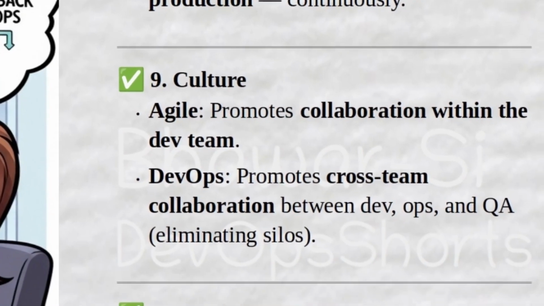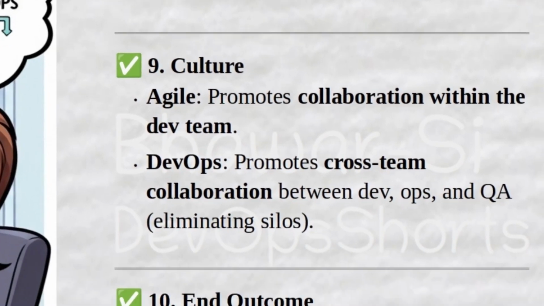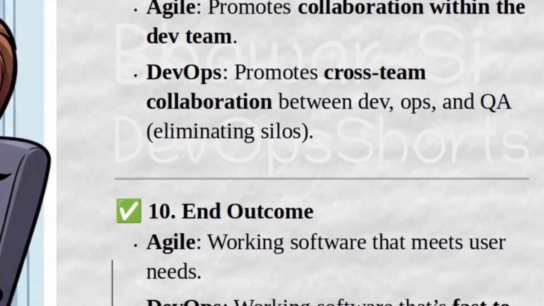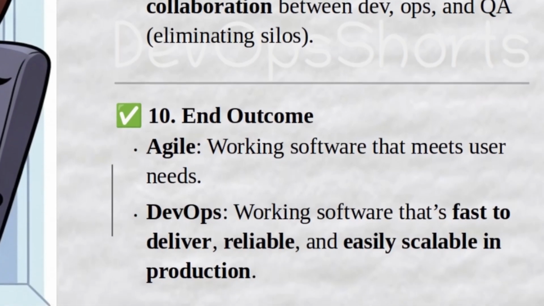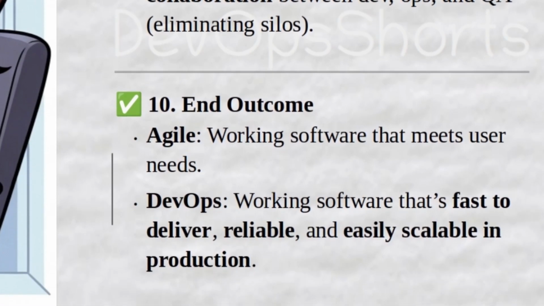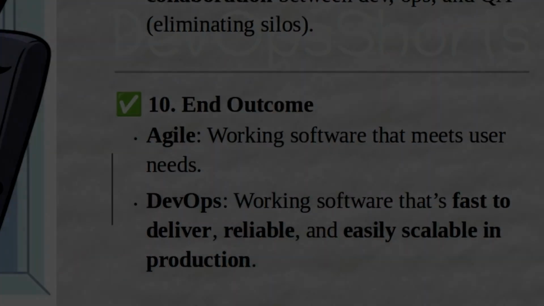Culture. Agile promotes collaboration within the dev team, whereas DevOps promotes cross-team collaboration between Dev, Ops, and QA. 10. End outcome. In Agile, the final result is working software that meets user needs. In DevOps, the final result is working software that is fast to deliver, reliable, and easily scalable in production.